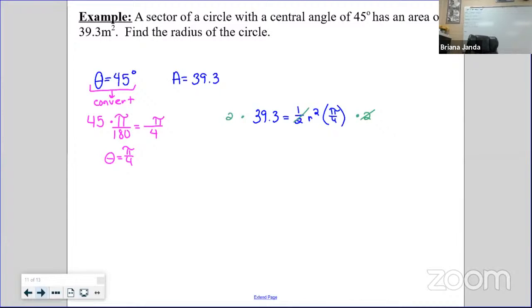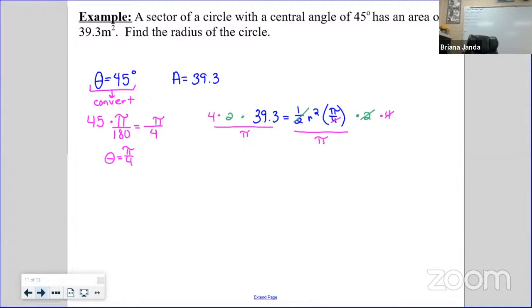Leave that on your calculator. I would also multiply by 4 to get that 4 out of there. And then I have to get rid of the pi, which is the last thing, because right now all I have left is r squared times pi. So the last thing I do is divide by pi.